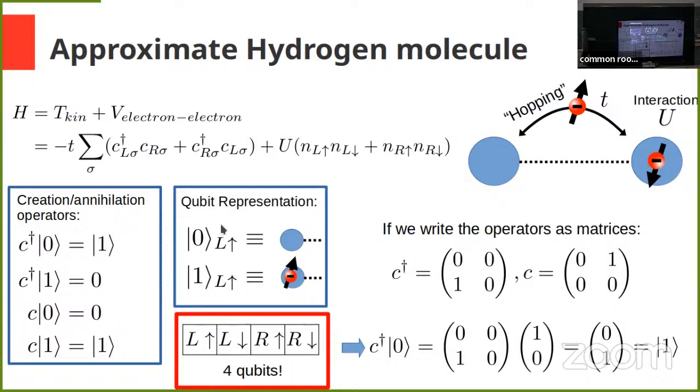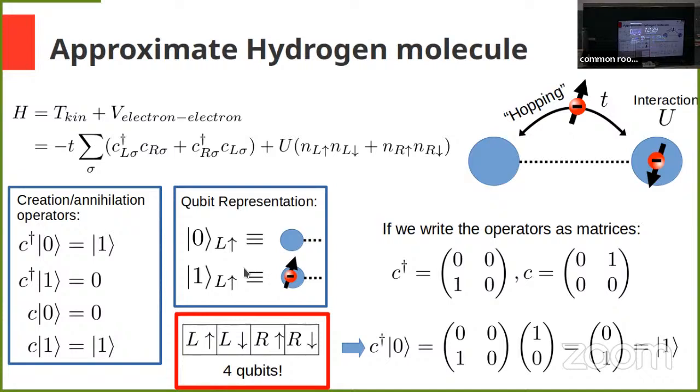So if I now say I want to assign one qubit to the state, for example, for the left atom up spin state. If the qubit is in the zero state, I want to interpret this as there's no electron. If the qubit is in the one state, I want to interpret it as there is an electron with up spin.